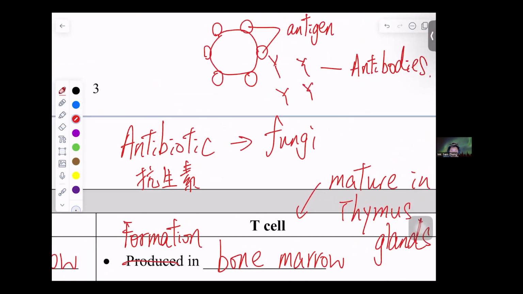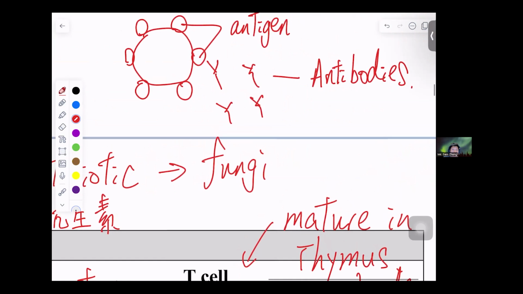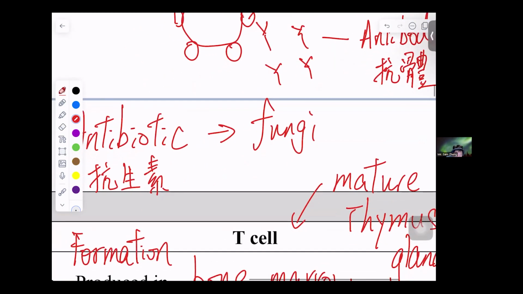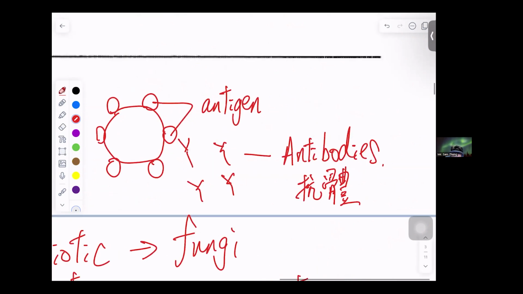Therefore, we will only have antibodies, but not antibiotics. Okay，咁係抗體。So remember the difference between antigen, antibody, and antibiotics. In Cantonese, for antigen, we call it 抗原.